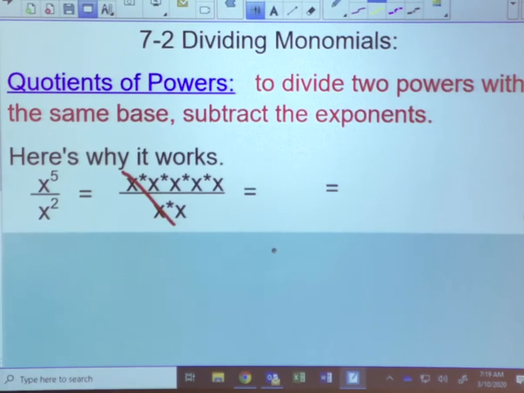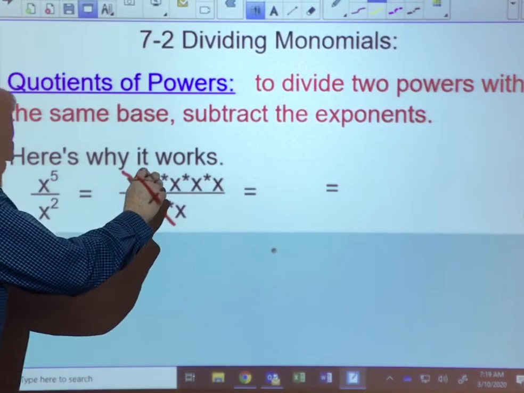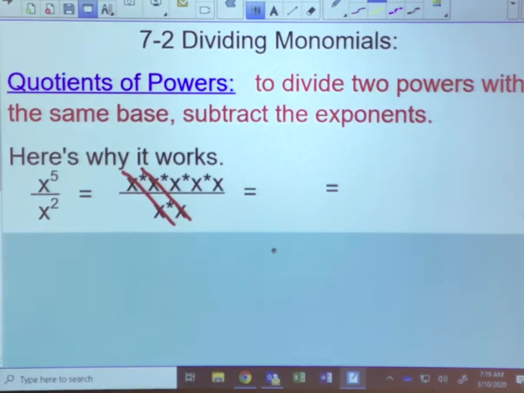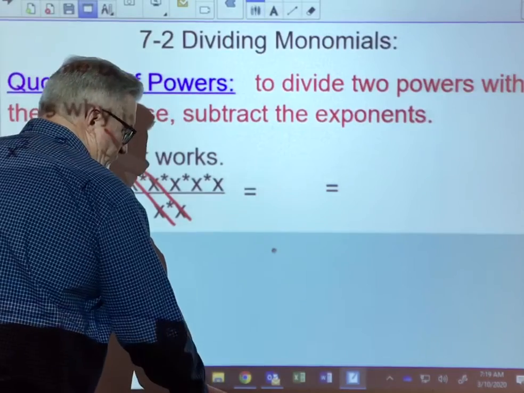Multiplying by 1 does not change the value of this. I can also cancel that out, and I'm left with 3 x's on top and a 1 on bottom. As we know, any number with a 1 as the denominator is that whole number, that number on top. So what's left on top is 3 x's.